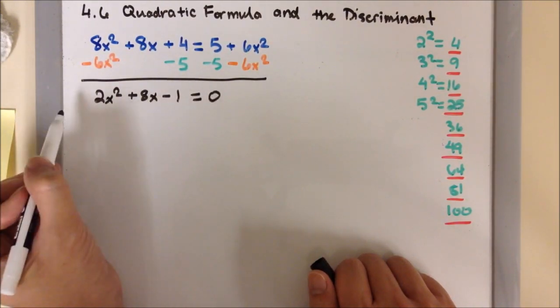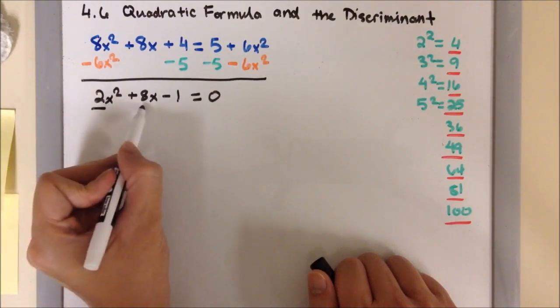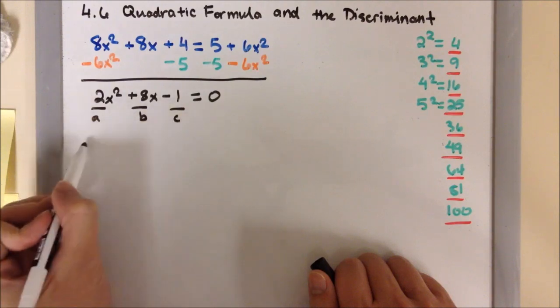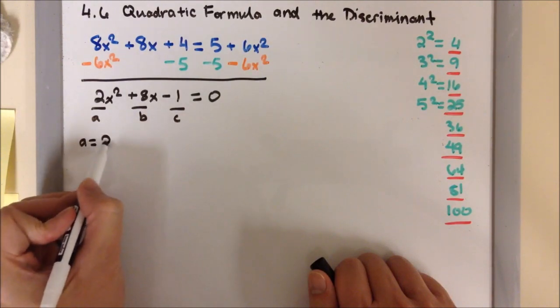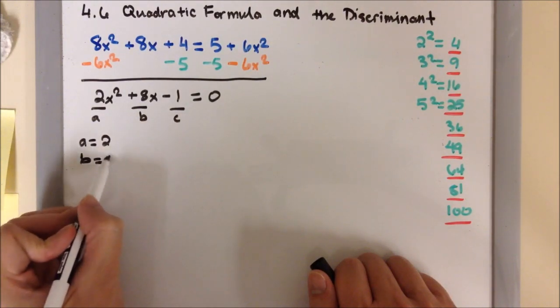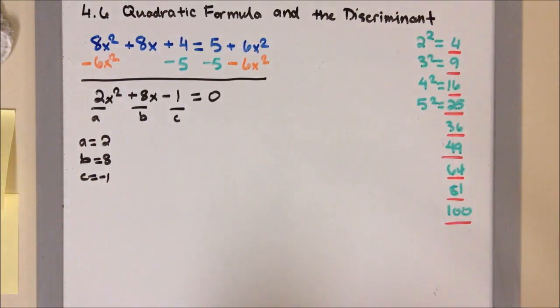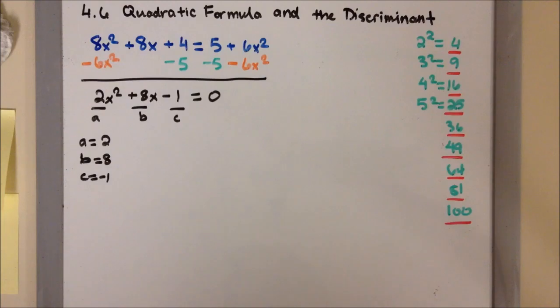So once the quadratic equation is equal to 0, A, B, C. So my A is 2, my B is 8, and my C is negative 1. So from there, plug in the quadratic formula.